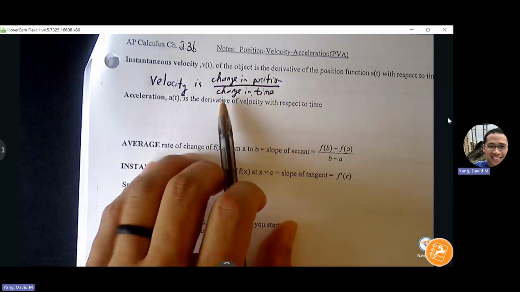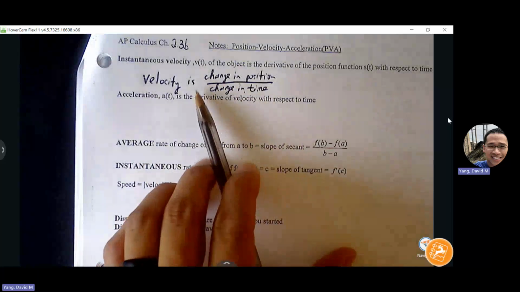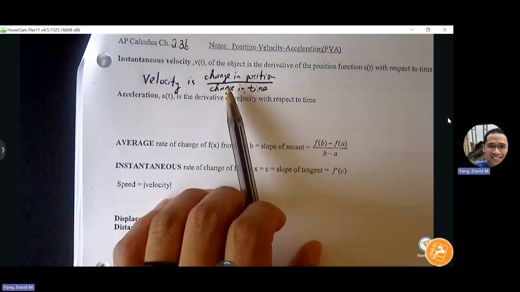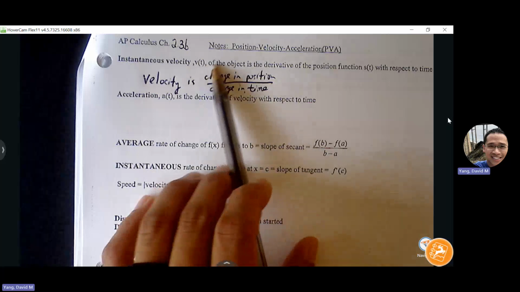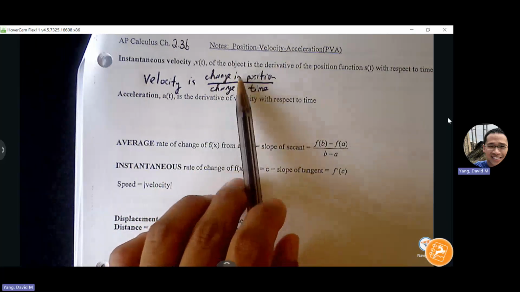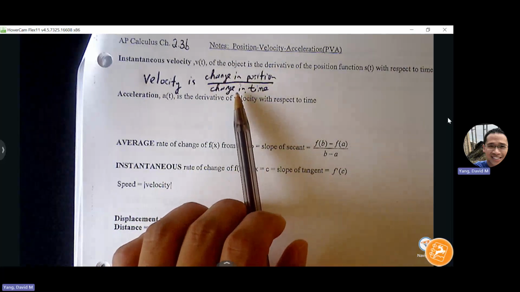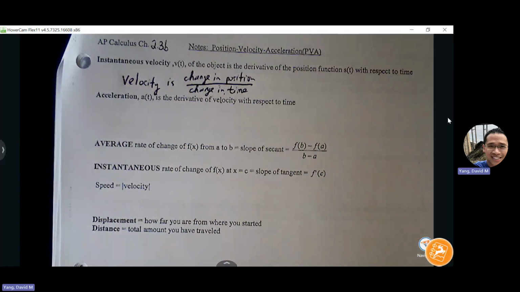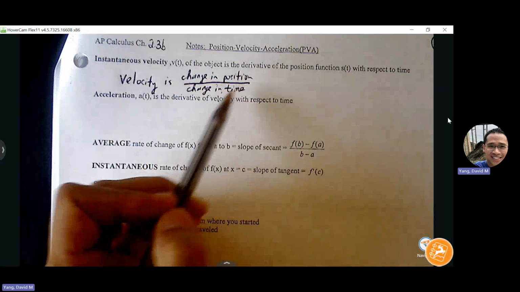So for instance, an example that we can all relate to is if you're driving on the road, you are traveling a certain miles per hour, right? So miles is position and change in time is per hour. So miles per hour, that represents your speed, or in this case, velocity. But it's also the rate, because it's the rate of change of position.